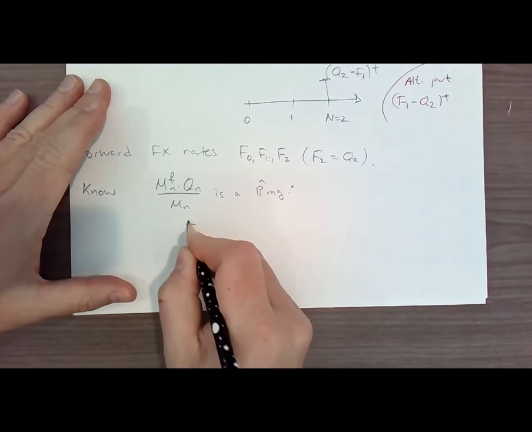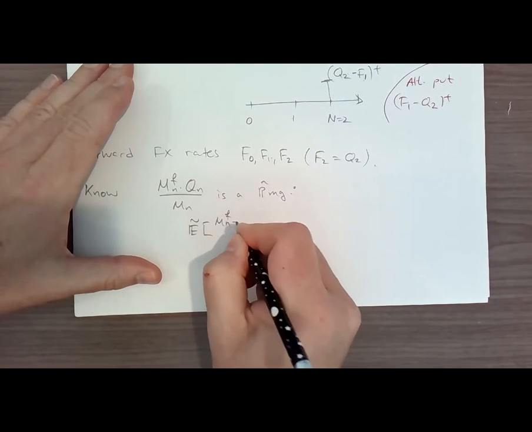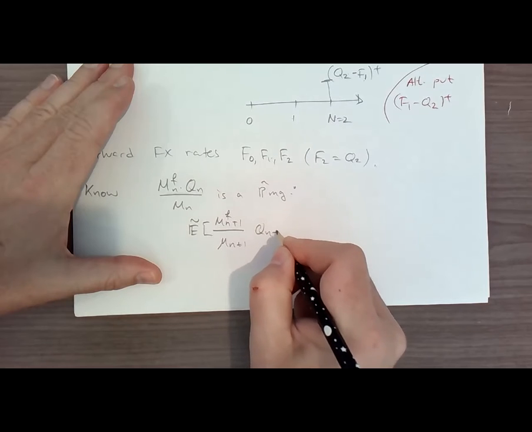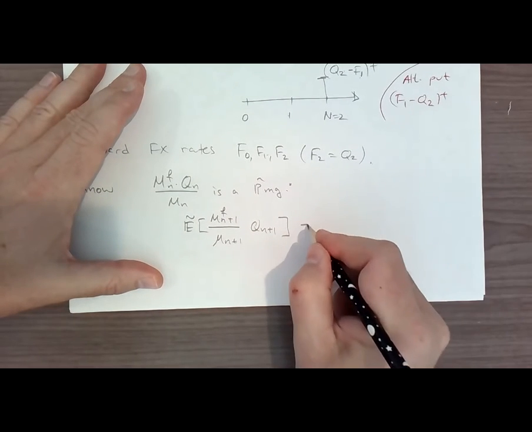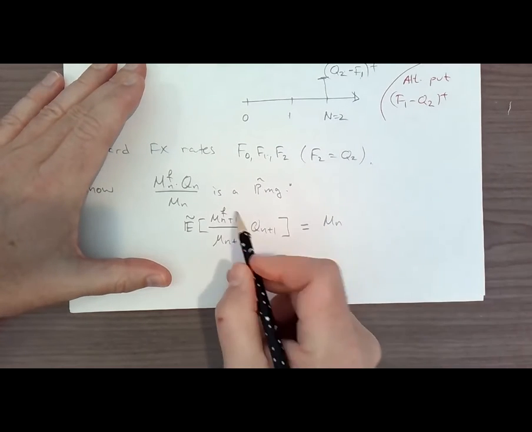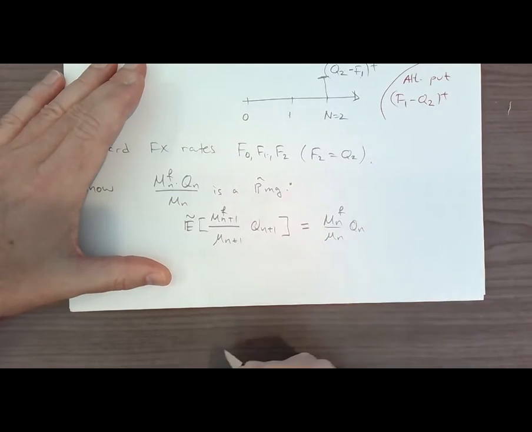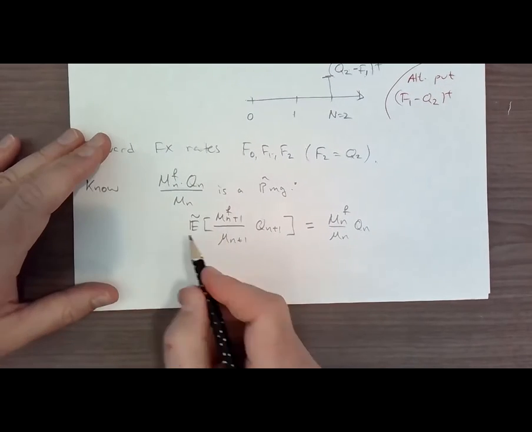We've done this calculation here already a few times, but let me do it one more time. So if I take M^f_{n+1} divided by M_{n+1} times Q_{n+1}, this is going to give me the same quantity, but at time n. And as before, this ratio here is not random, so we can pull it outside.